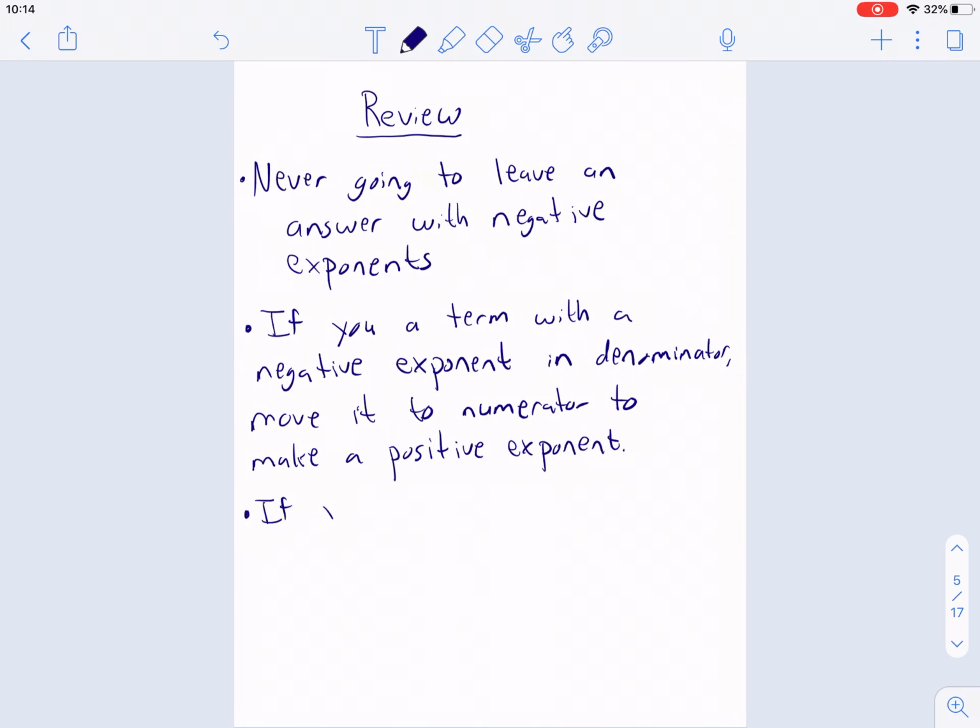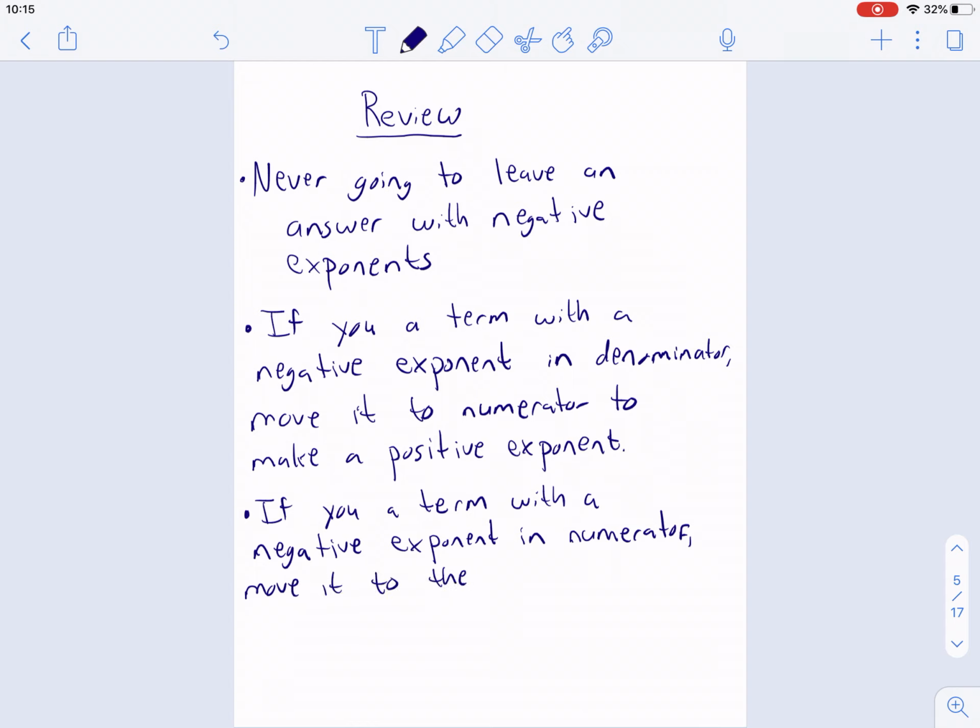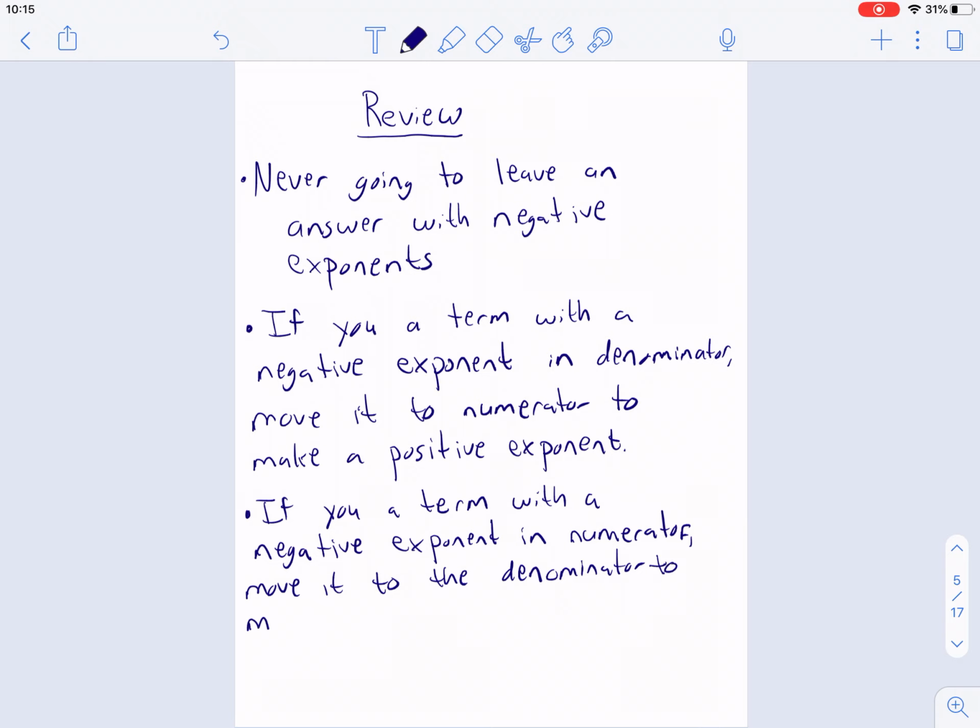Similarly, if you have a term with a negative exponent in the numerator, we're going to move it to the denominator to make a positive exponent.